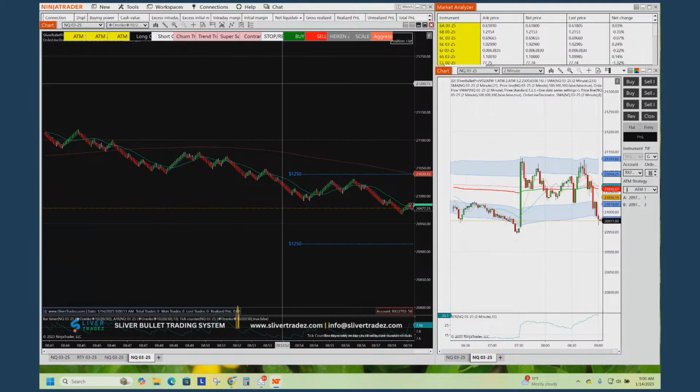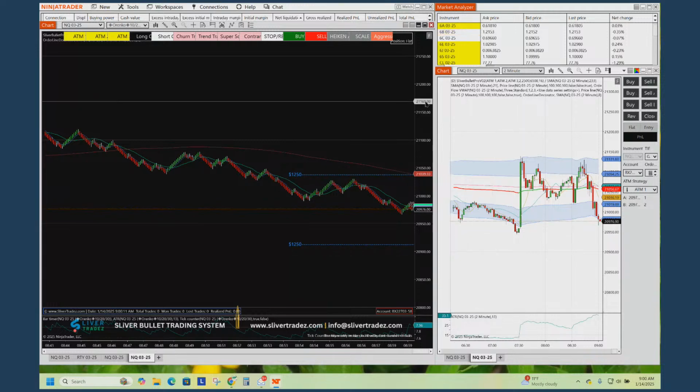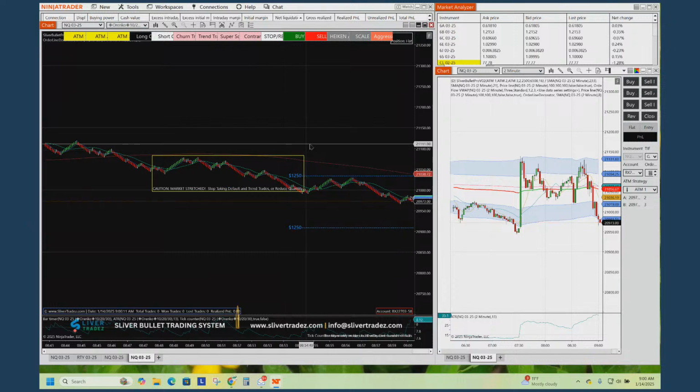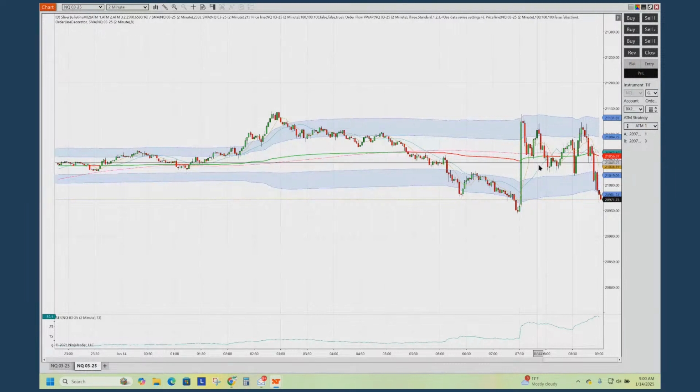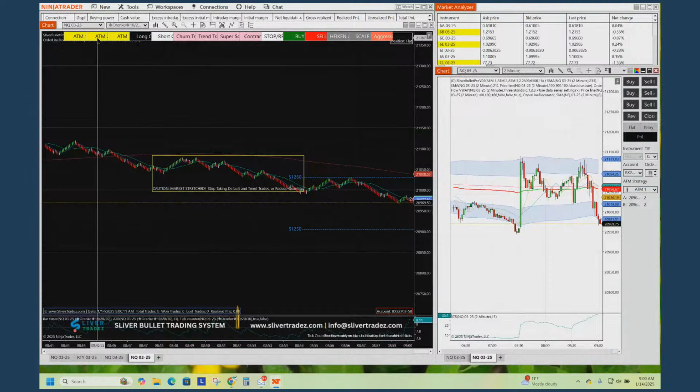Okay. So is my outlook to the downside? I don't think so. I want the market to go below this line here before I consider it to be a downside market. But the characteristic has clearly changed. How it was trying to go up, and now if it breaks below this, then the situation will be different.